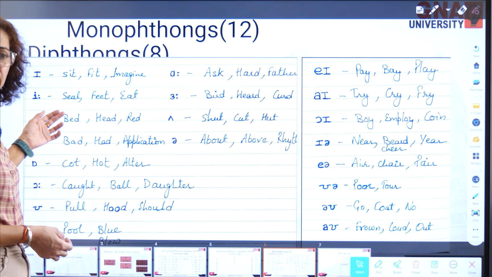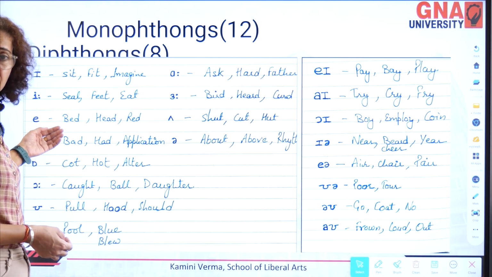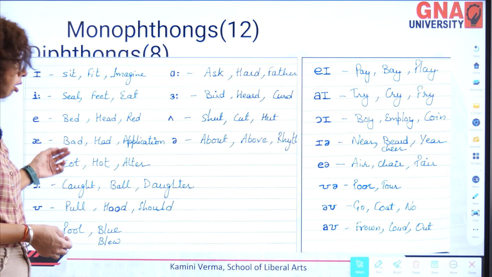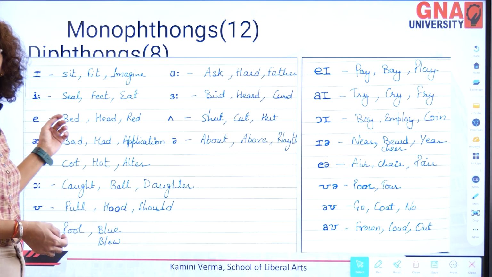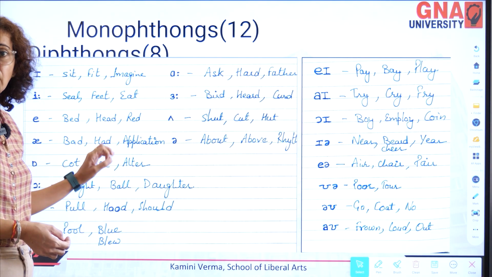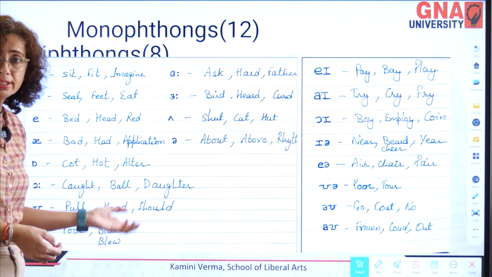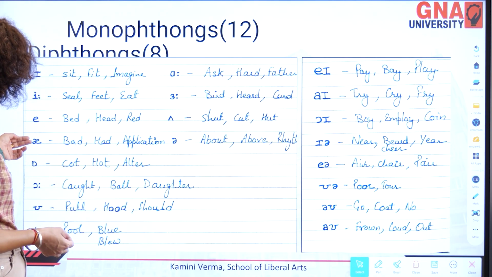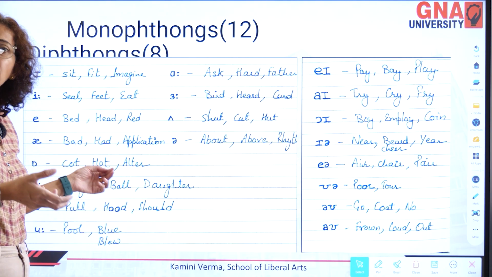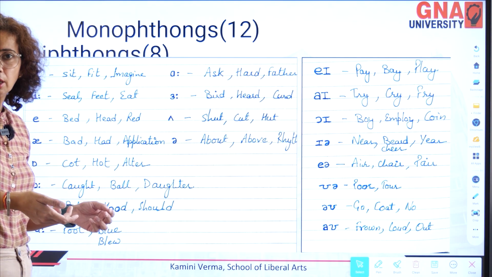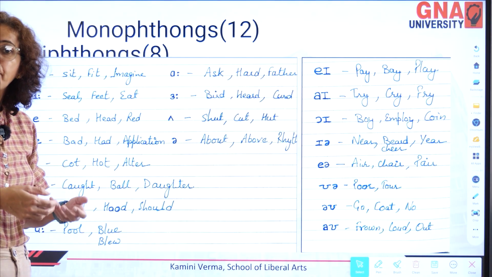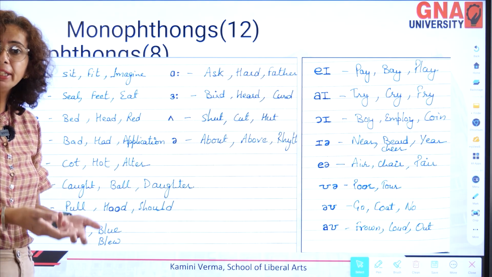Moving ahead with the next sounds, the A sound, the unstressed one, and the A, the stressed one. For example, the unstressed A in bed, head, red, lead. And the next one is A, the stressed, in bad, had, application.